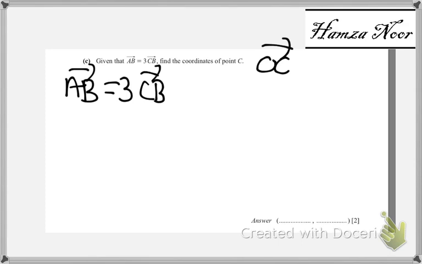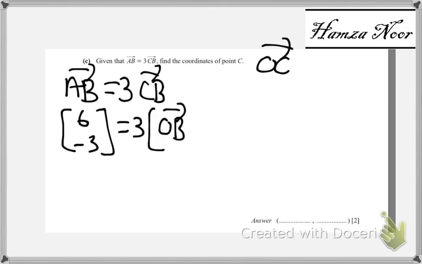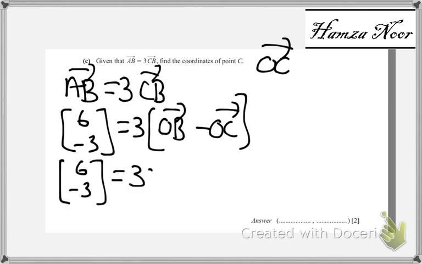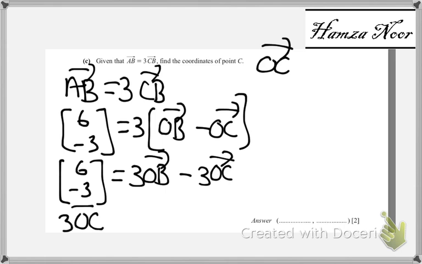This means the AB vector is given (6, -3), and CB means OB minus OC. So if you just expand it, AB will be equal to 3 OB minus 3 OC. So you need to find OC. So this means 3 OC is equal to 3 OB minus AB, which is (6, -3).